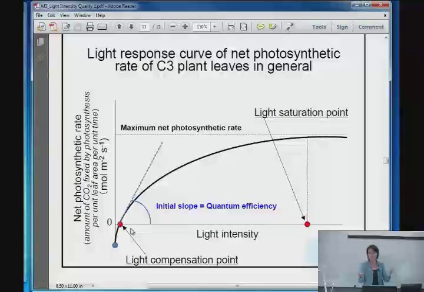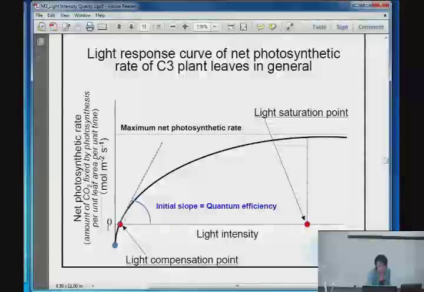So photosynthesis balanced with respiration, that light intensity is the light compensation point. And the light compensation point is about 50 to 100 micromoles, which is shown in the next slide. So that low light intensity, almost like outside today, is the light compensation point for most of the plant species we work with in horticulture, in greenhouse.